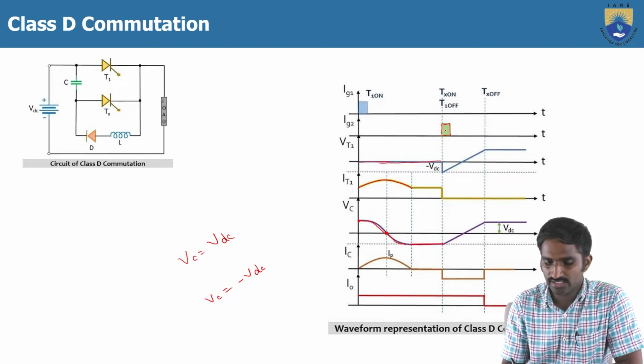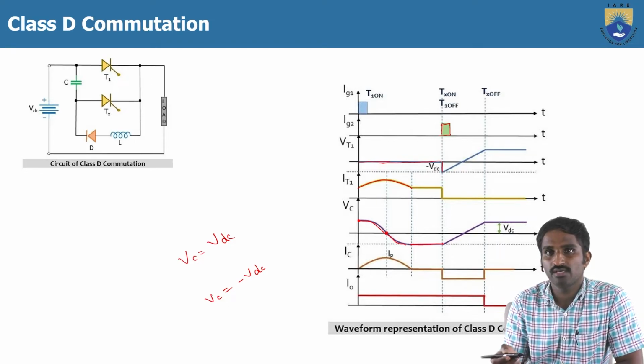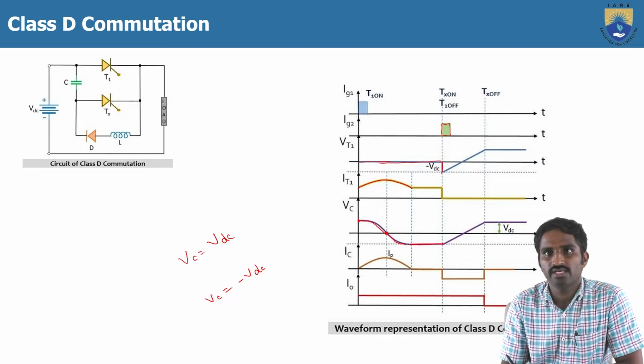Once the thyristor Tx is turned on, a reverse biased voltage is applied across the thyristor T1. But when the reverse bias voltage is applied across the thyristor, the thyristor will not turn off immediately, because the anode current has not yet been reduced below the holding current.